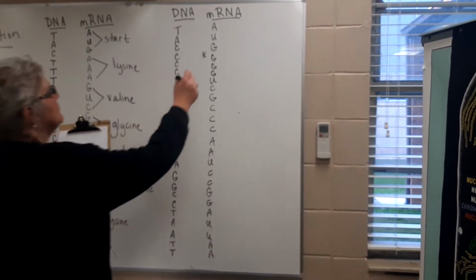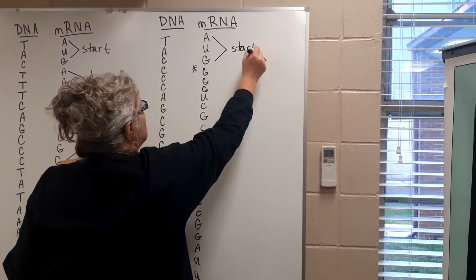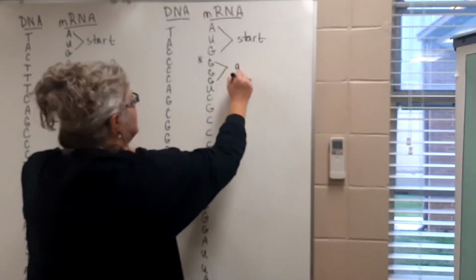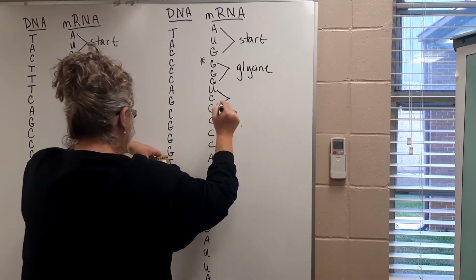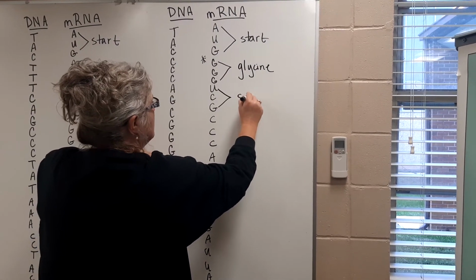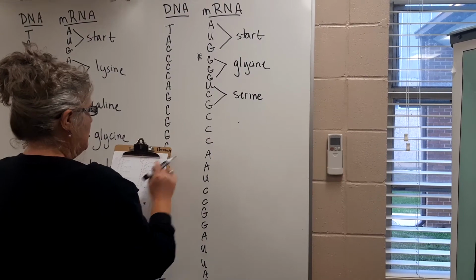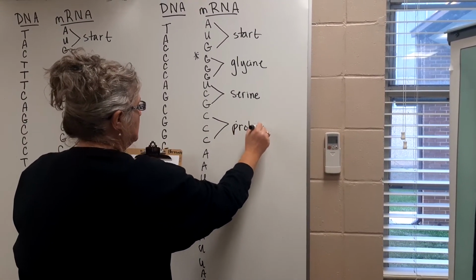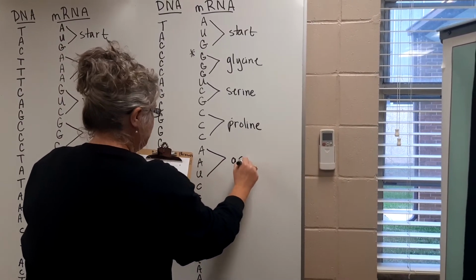Okay, and we're back. Let's see how we did. Okay, we got the start. All right, GGG, glycine. UCG, serine. Then proline. Then asparagine.